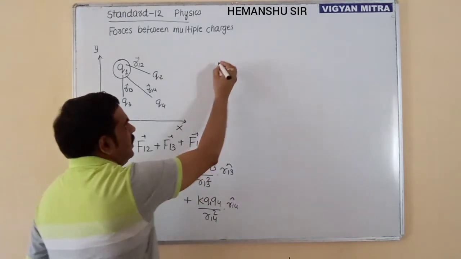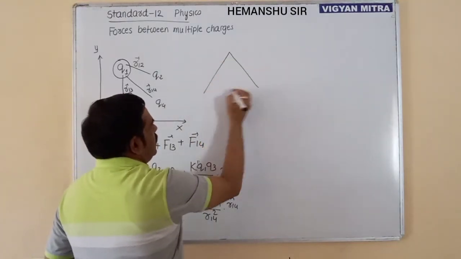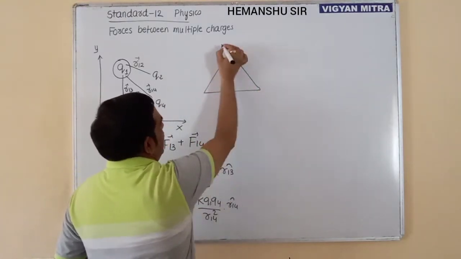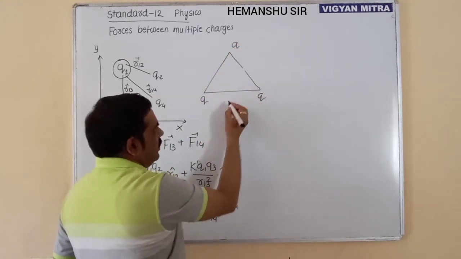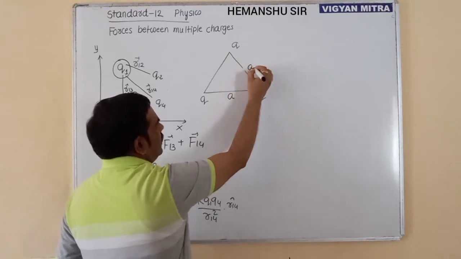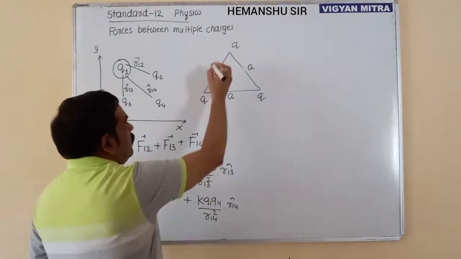For example, 3 equal charges are kept on the vertices of an equilateral triangle. The side of the triangle is a.